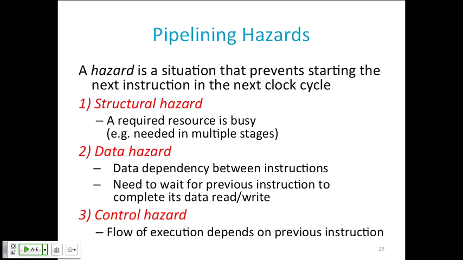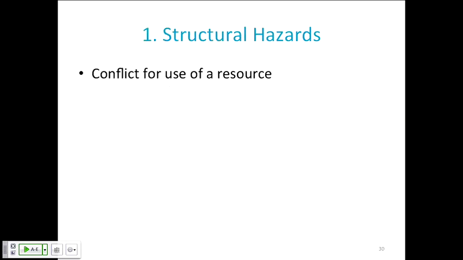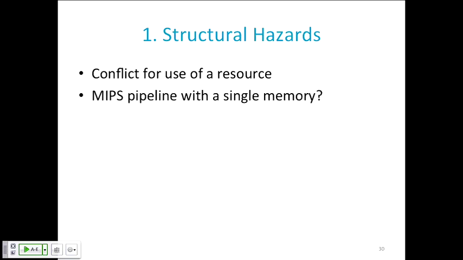Computer architects have spent a long time trying to figure out how to cope with these various hazards to improve pipeline performance. The first one is actually the easiest. Structural hazards are just when you get a conflict to use some resource. As an example, let's imagine doing this pipeline, but with only a single memory unit instead of separate instruction and data memory.